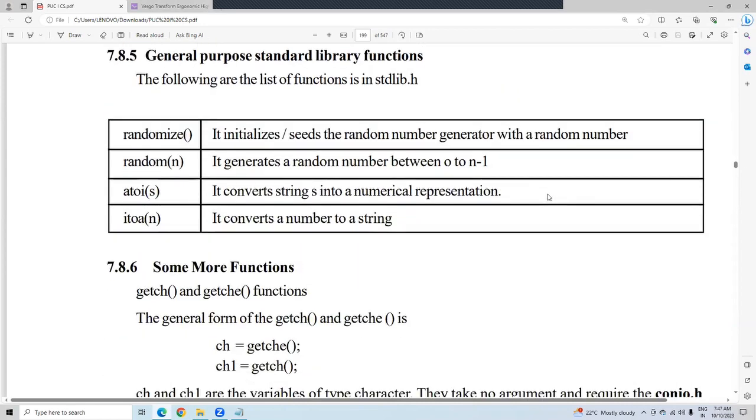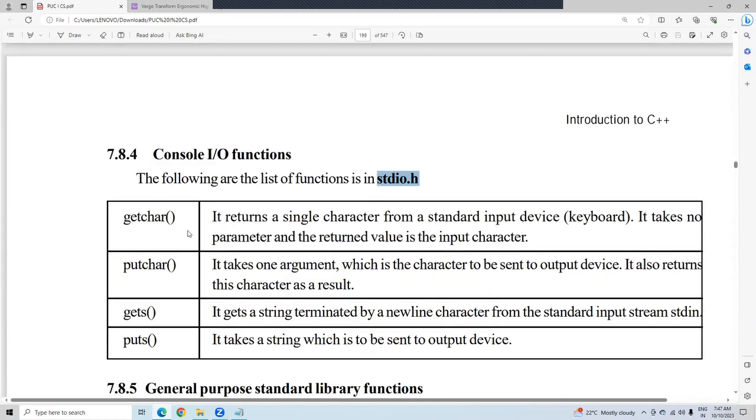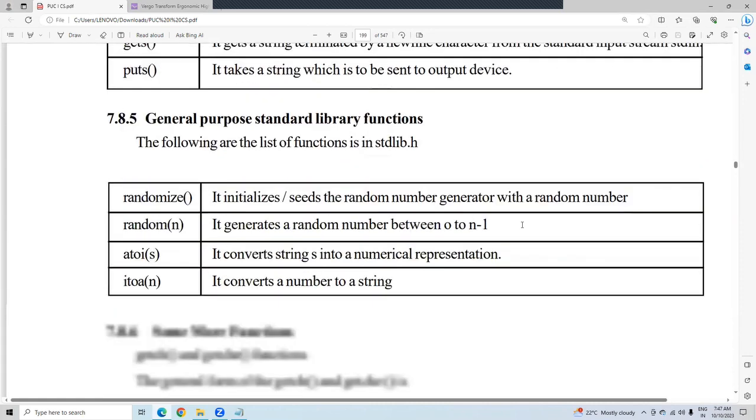For general purpose, don't worry, just see the spelling, the case, and the opening and closing parenthesis, and read this explanation and remember it. In the exam, they may ask in fill in the blanks, they may give you this explanation and ask which function it belongs to, right? That chance will be there.